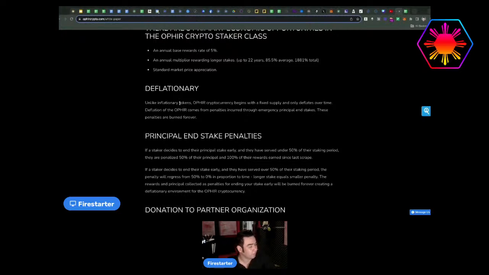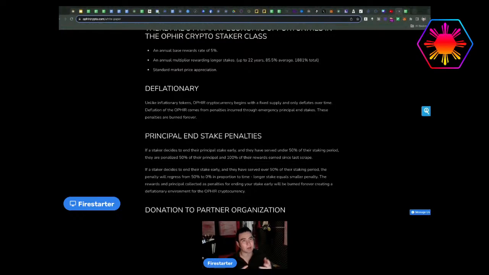So how is it deflationary? It's deflationary because when you stake, you decide how long you want to stake for. So you can stake for a month, you can stake for the full 22 years, which is what we recommend. And if you or anyone decides to emergency unstake or early end stake, then there are penalties.